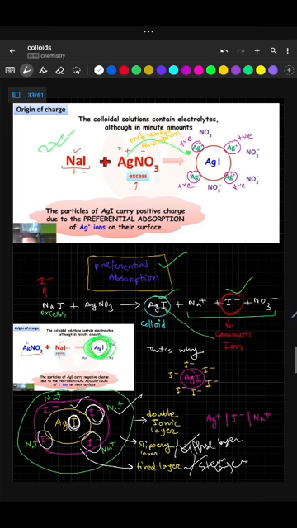The Stern layer is a rigid layer of ions stuck to the particle surface, and the diffuse layer is a cloud of ions that are less tightly bound and can move around freely. That's why it is a non-permanent, optional layer. So this was the electrical double layer, which is the first property.